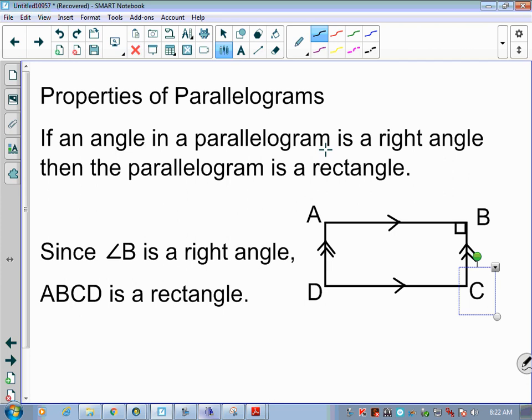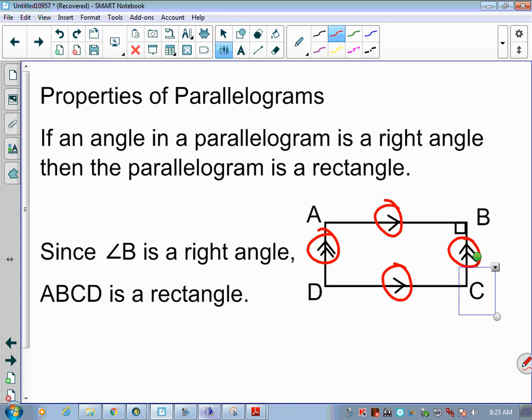So here we see, if an angle in a parallelogram is a right angle, then the parallelogram is a rectangle. So all of these are going to be parallelograms. All five of these are going to be parallelograms, and are going to be indicated as parallelograms by the fact that we're going to see opposite sides are parallel in all five of these examples.